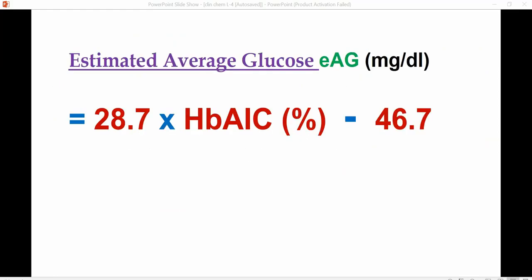How do we relate the HbA1c level to the average plasma glucose level? By this formula, which gives us the average plasma glucose level.